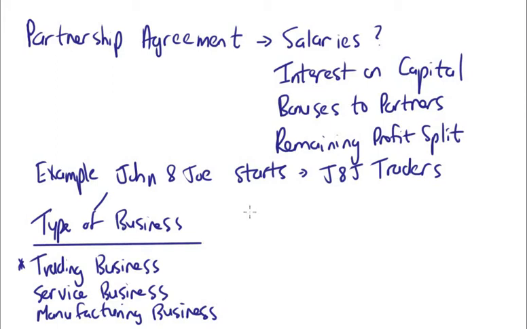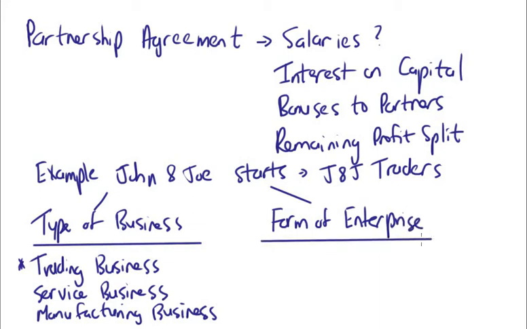So the first thing is the type of business that you're looking at, and you want to try and understand that. And then the second thing is the form of enterprise. When somebody starts a business, you have your form of enterprise. I just want to give you a high level indication of what types of enterprises you have.